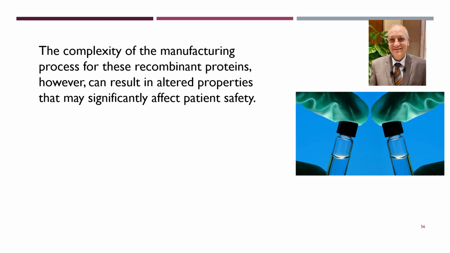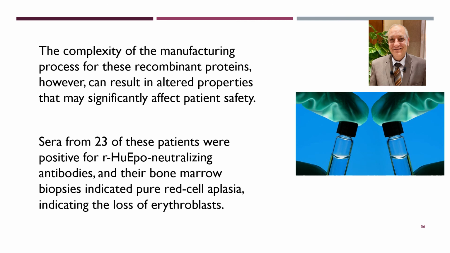The complexity of the manufacturing process for these recombinant proteins can result in altered properties that may significantly affect patient safety. Different studies found pure red cell aplasia, indicating the loss of erythroblasts, coming from generics or biosimilars.